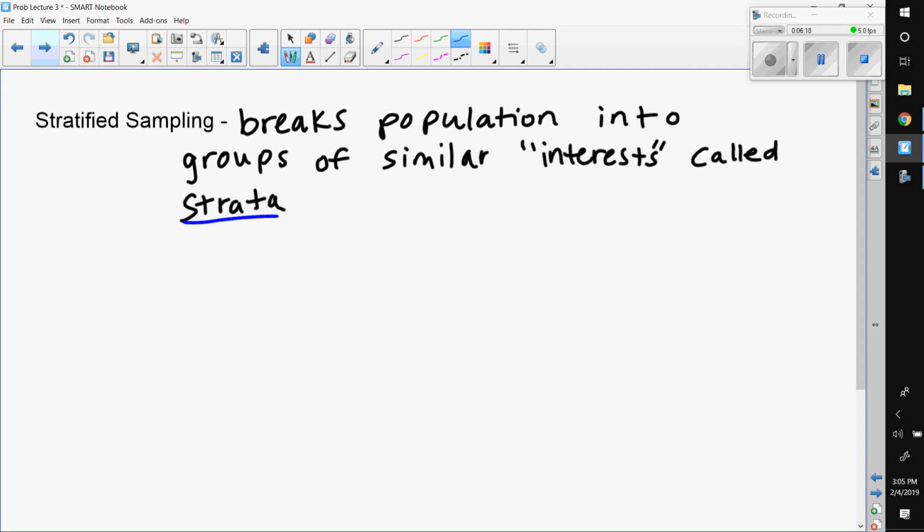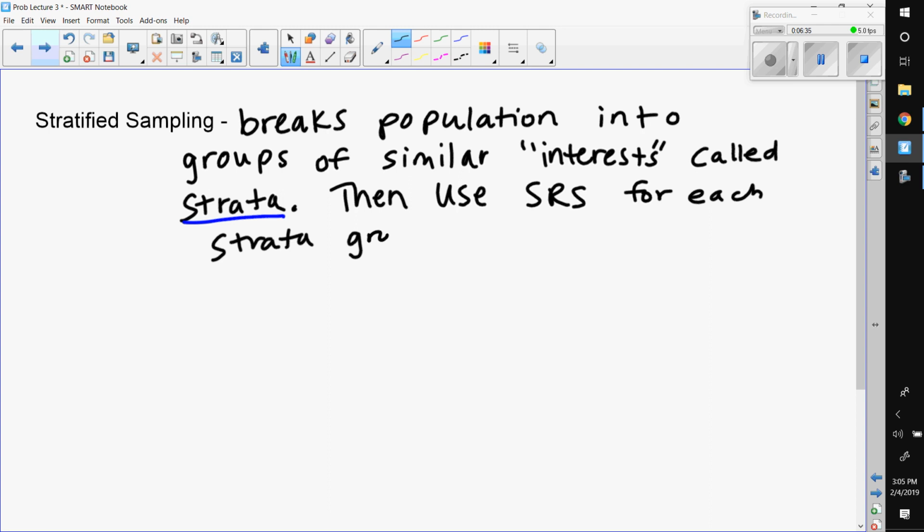The groups are called strata. And then use the simple random sample for each strata group to get a sample.